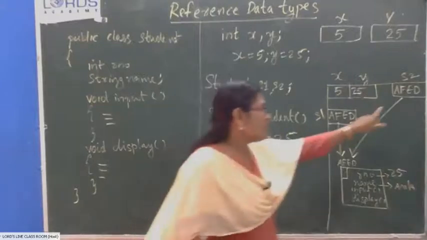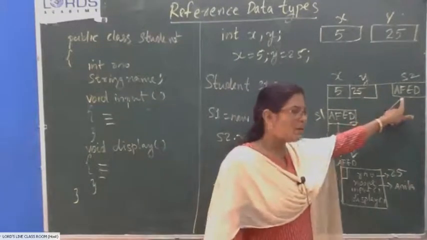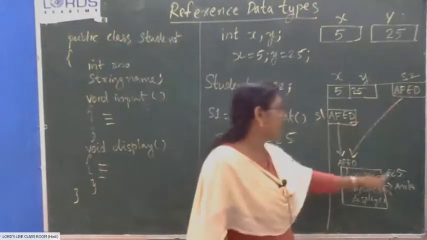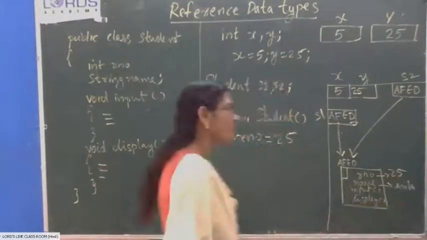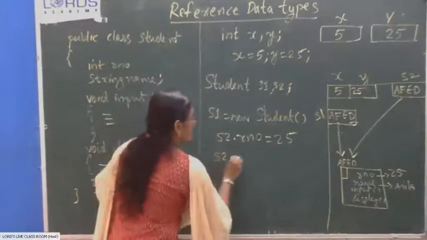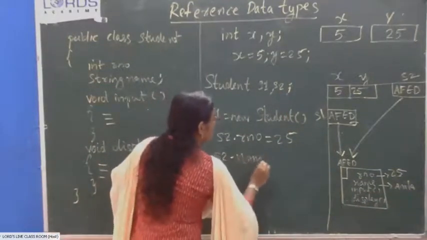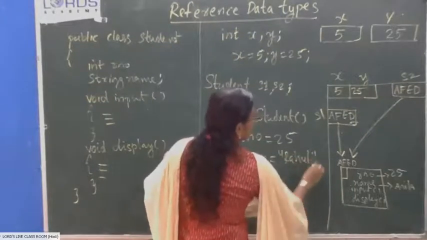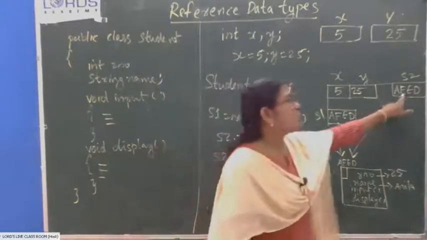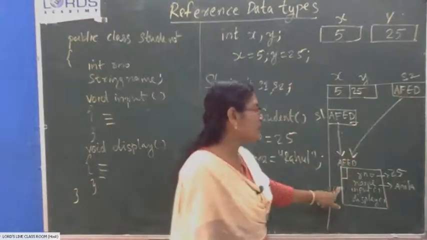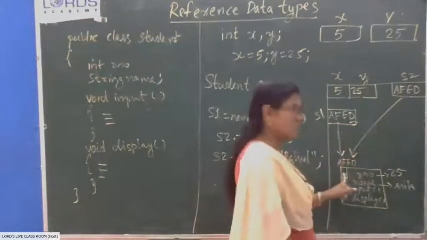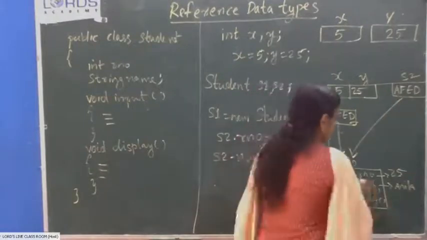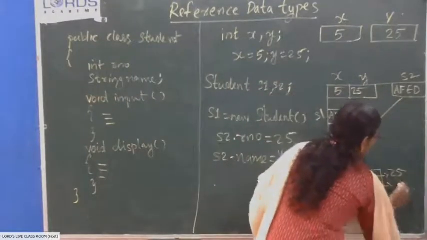Through this variable, we access the same object and S2 dot R number made a change in the value. And S2 dot name equal to Rahul. So, when the JVM reaches here, this name will be changed to Rahul.